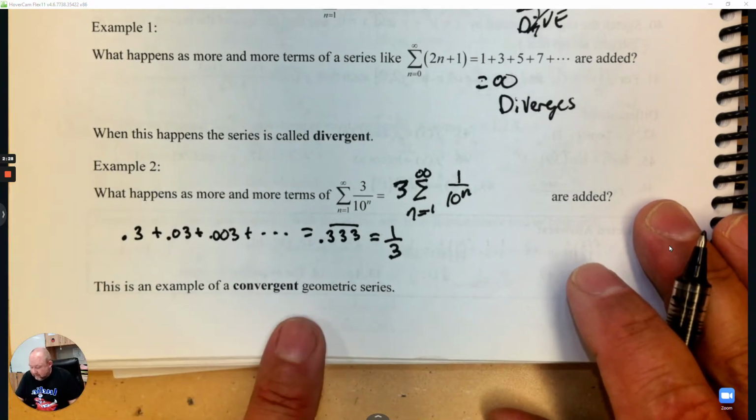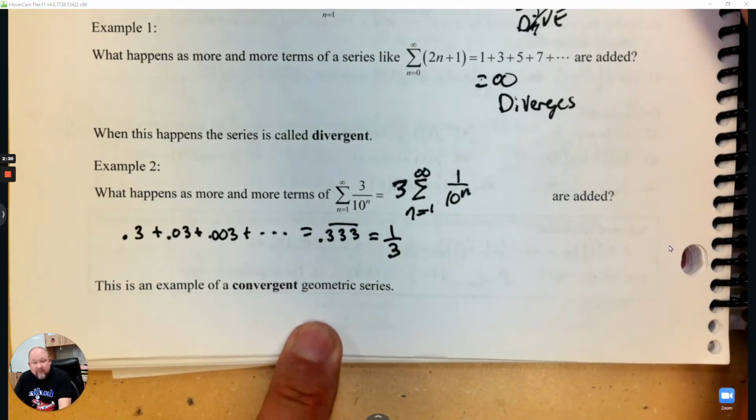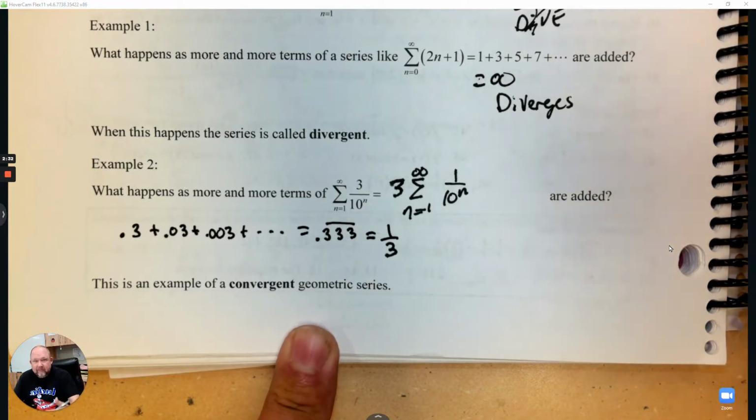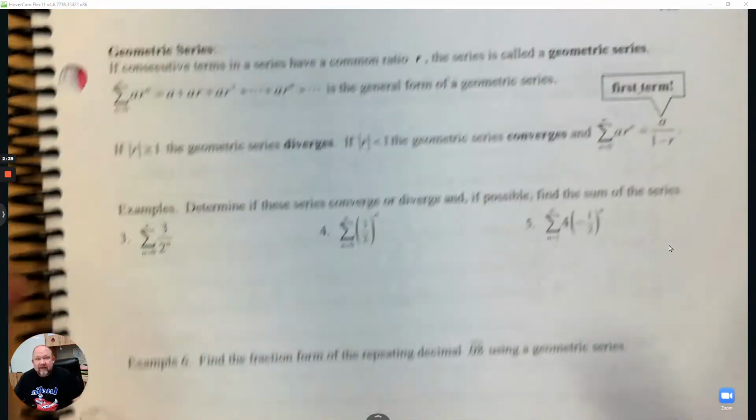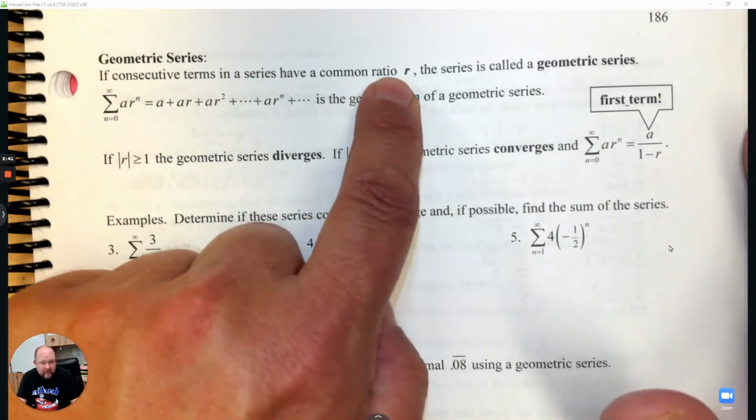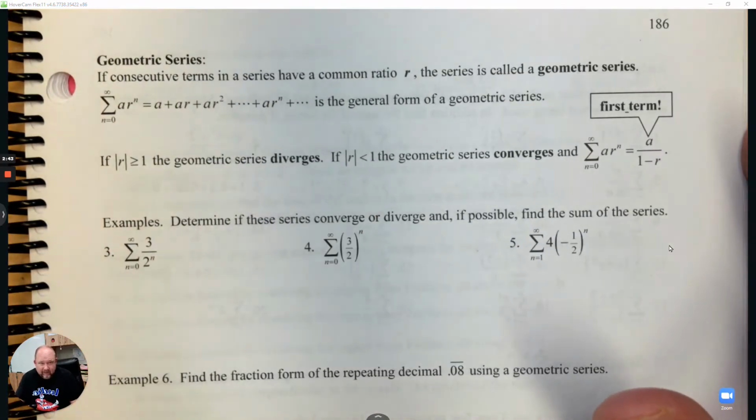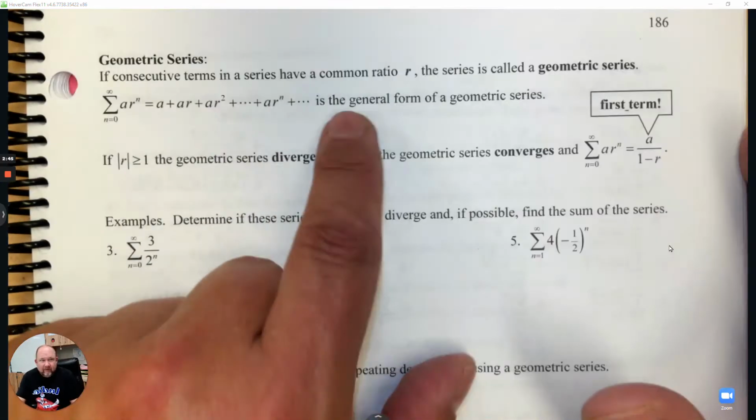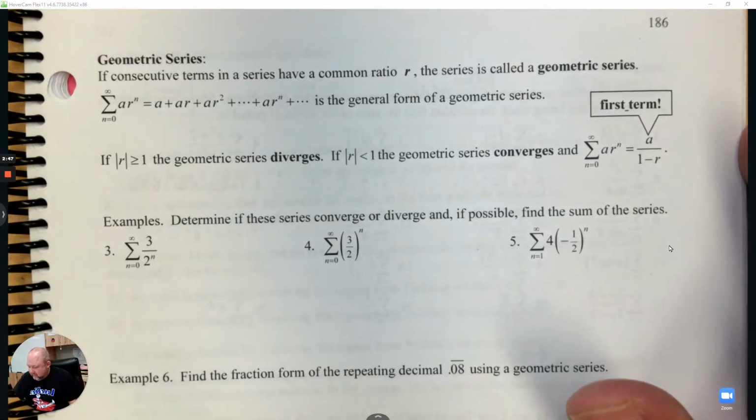Now, this is an example of a geometric series. So a geometric series is one that's exponential. If consecutive terms in a series have a common ratio, so when you divide two consecutive terms, it's always the same answer, this is the general form of that geometric series.